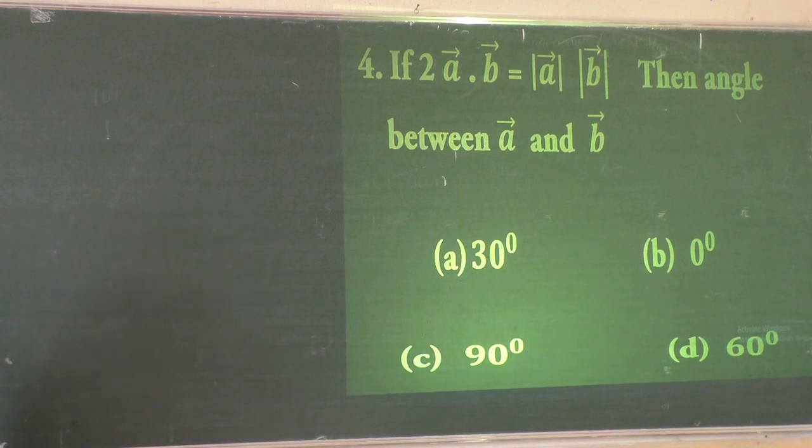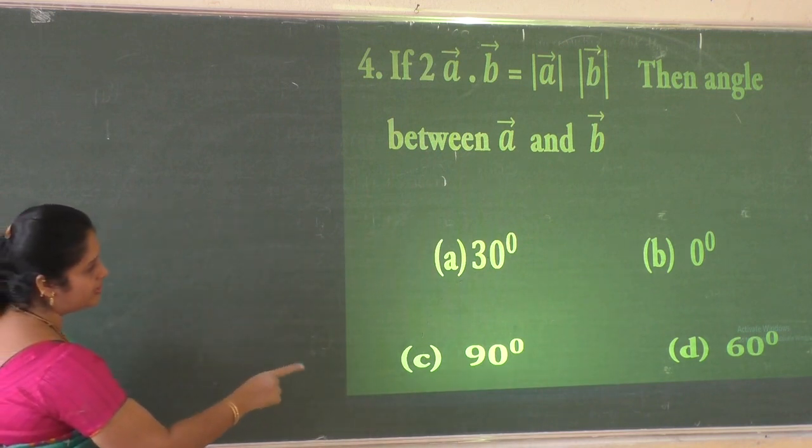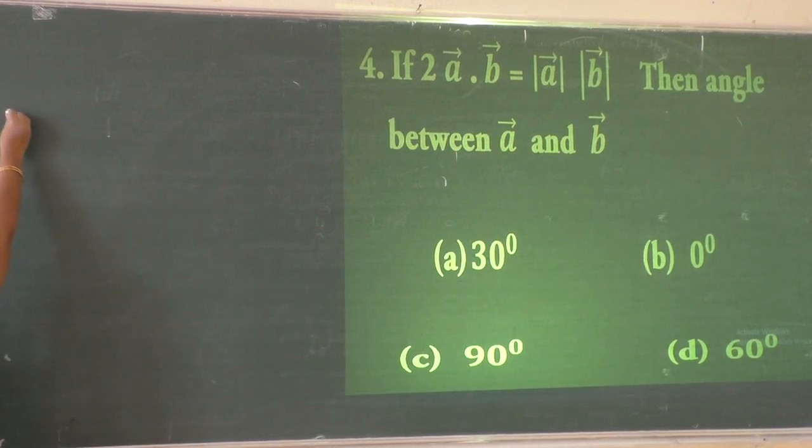Okay, in question number 4, if 2 vector A dot vector B is magnitude of vector A times magnitude of vector B, then find the angle between the two vectors. The options are 30, 0, 90, 60. So it is very easy.